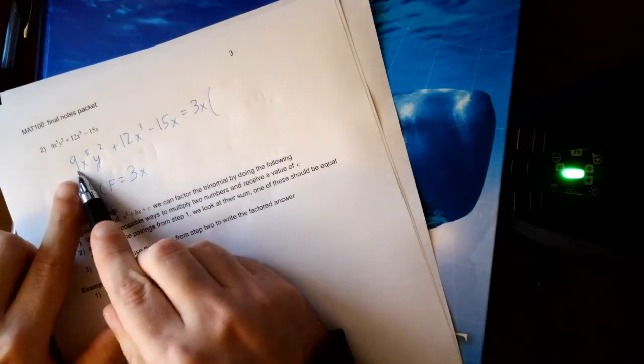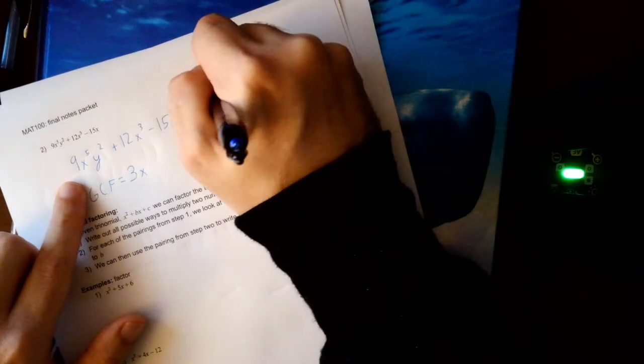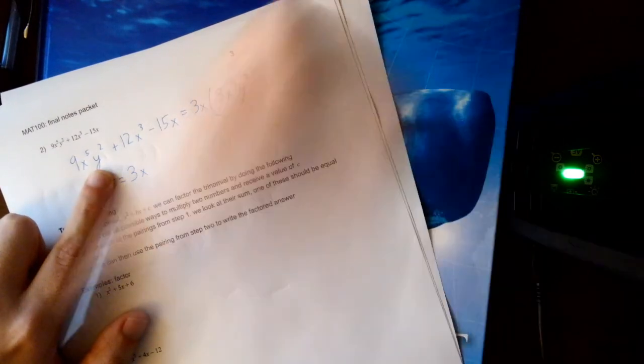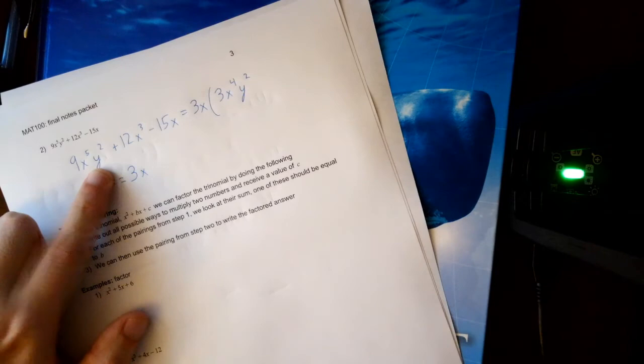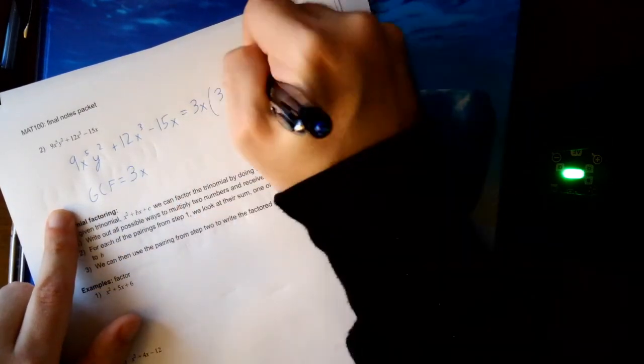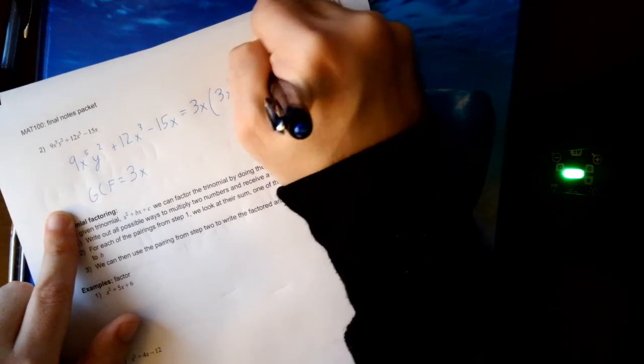Let's look. 9 divided by 3 leaves me with 3. I'm taking one of the x's away, so I'll have x to the 4. And the y squared didn't go anywhere, so I leave the y squared. Next, 12x cubed. 12 divided by 3 is 4.